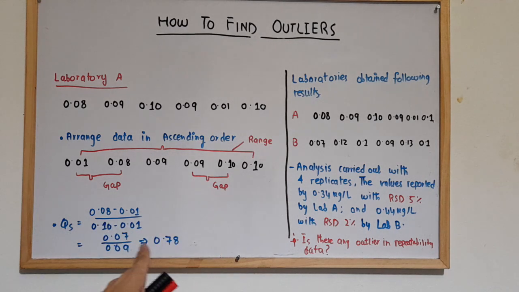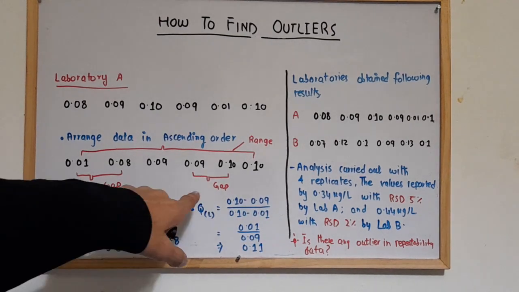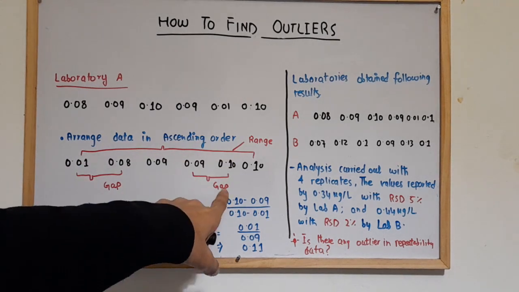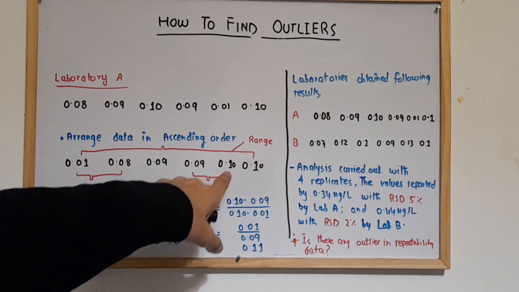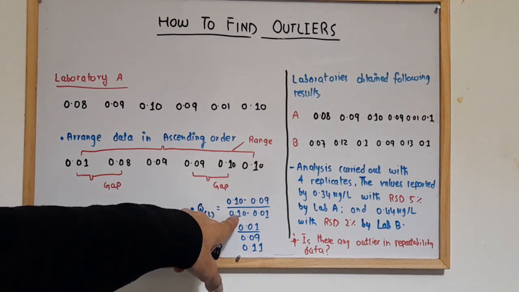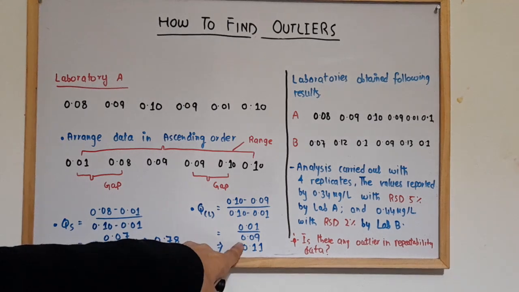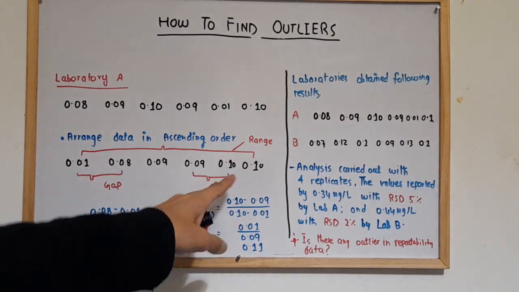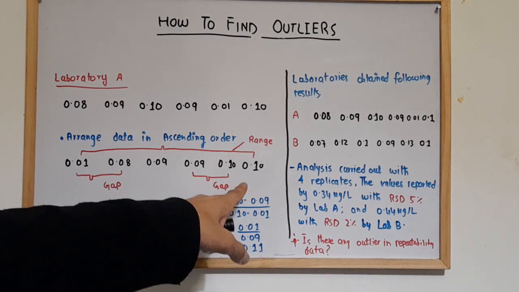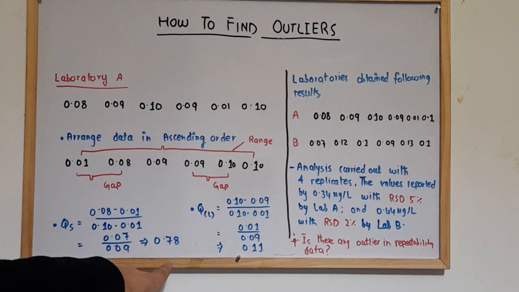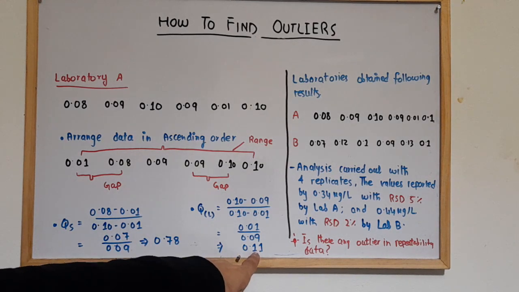We use the same method for the other outlier, the large one: gap over range, where the gap is 0.10 minus 0.09 divided by the same range, 0.10 minus 0.01, and that becomes 0.11. So we have 0.78 and 0.11.